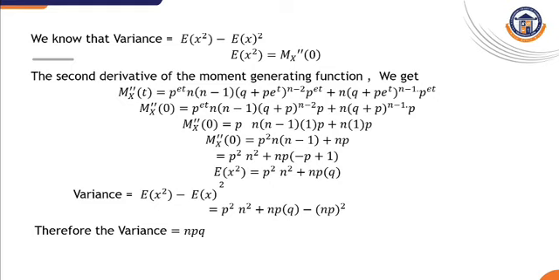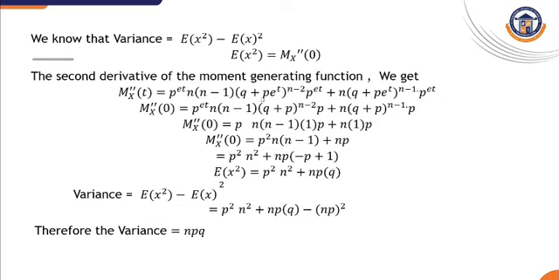Again we take one more derivative: n into n minus 1 (q plus p e power t) power n minus 2 into p e power t, and we keep n into (q plus p e power t) power n minus 1, again giving p e power t. This value we substitute at the origin, replacing t with 0.